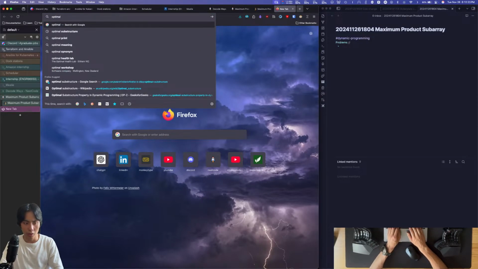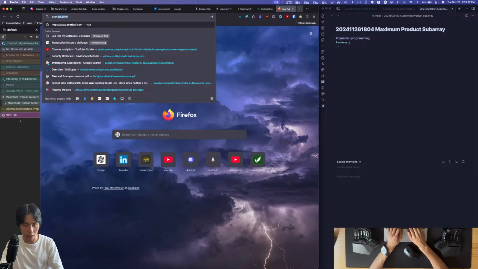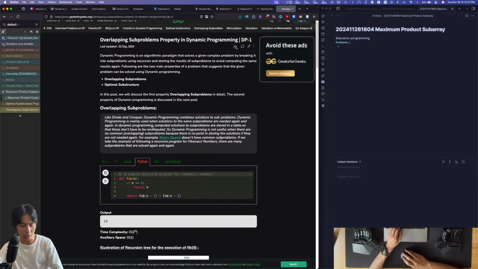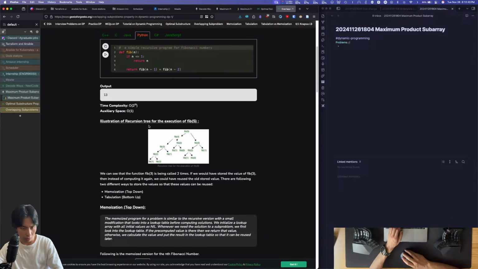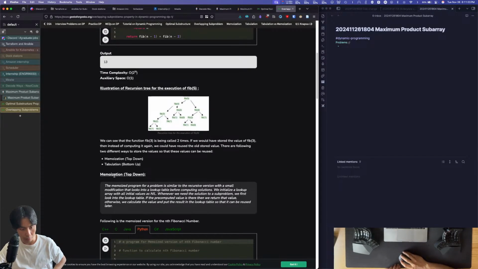Optimal substructure in dynamic programming and overlapping subproblems. This did talk about something interesting. I see. Memoization.